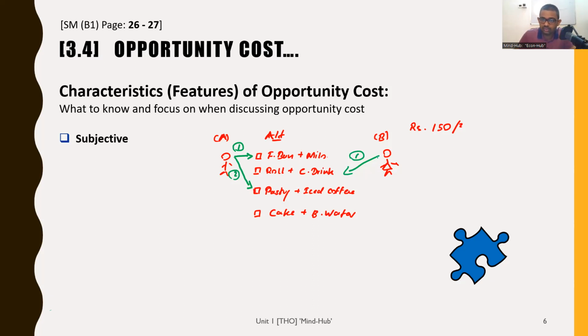B also can go for the first thing, that can happen, but we'll say this. If not, I will go a bit healthier. I don't know how healthy cake is, but I will go for the cake and the bottle of water as my second best alternative.